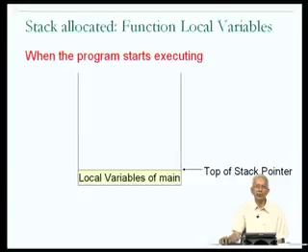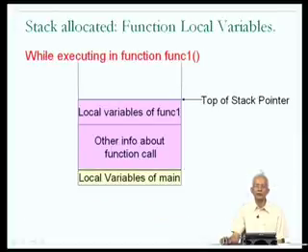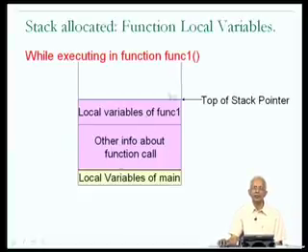If you are writing a C program, that function is the main function. So at the bottom of the stack are the local variables of main. Let's suppose that the main function calls a function called func1. So when func1 is called, space will be allocated on the stack for the local variables and parameters of func1.